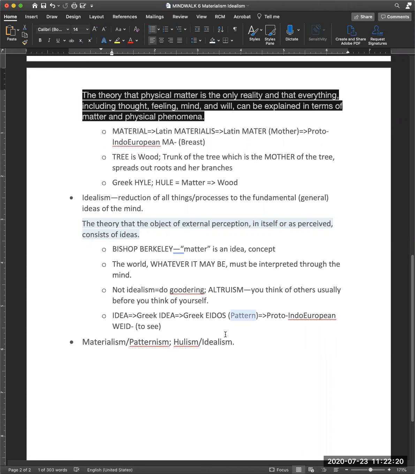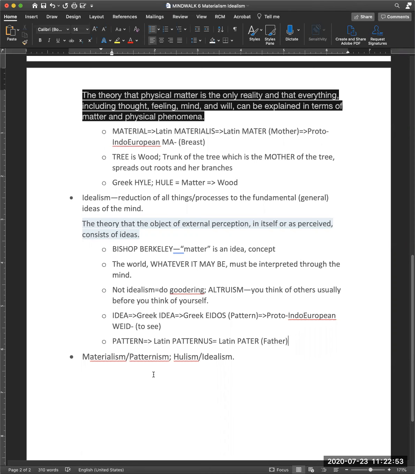So if we do just take this Latin term pattern, paternus, Latin paternus, which derives from Latin pater, which means father.